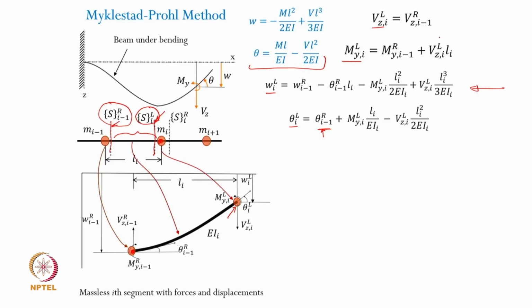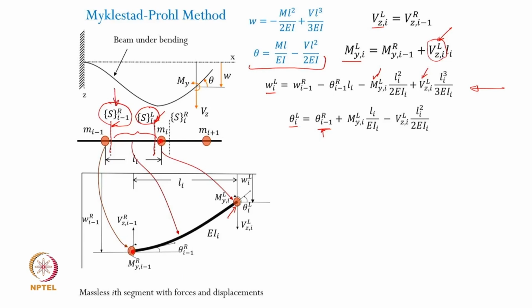So that is why this state variable and this state variable, they are corresponding to the left side of the ith mass. So I need to modify and replace these ones appropriately, so that on the left side I will have all the state variables on the left side of ith mass, and on the right side I will have all the state variables pertaining to the right side of the i minus 1th mass.